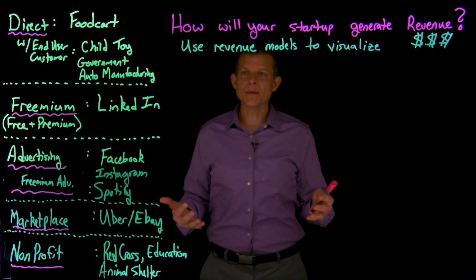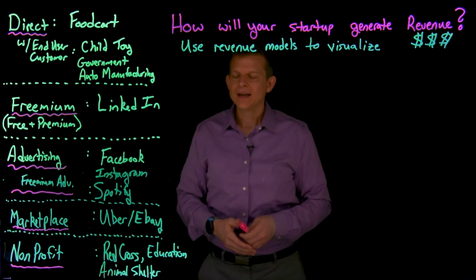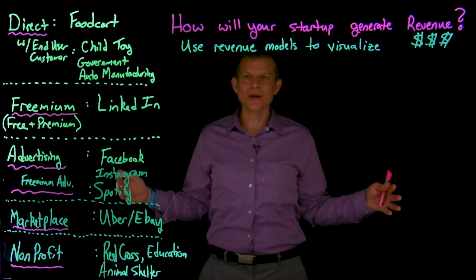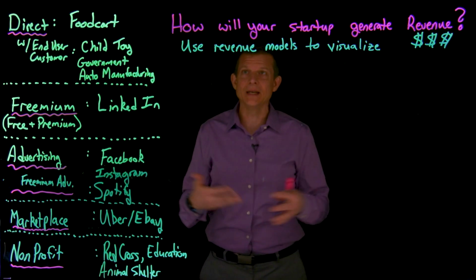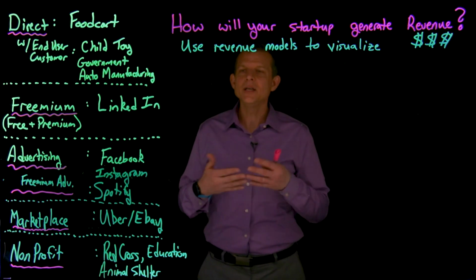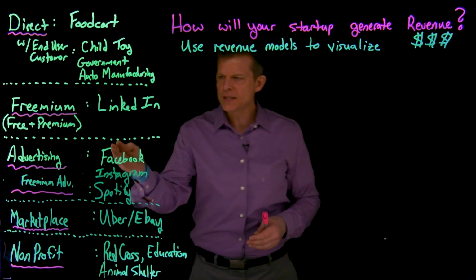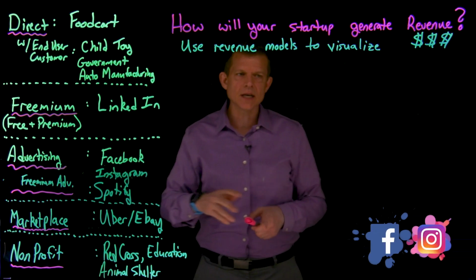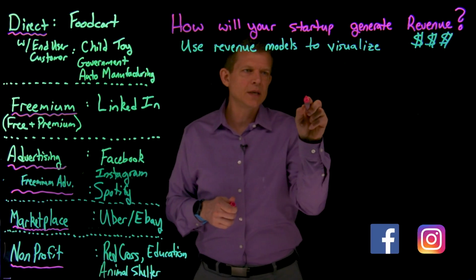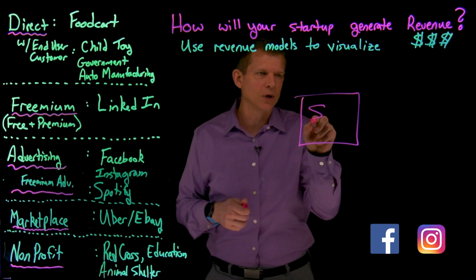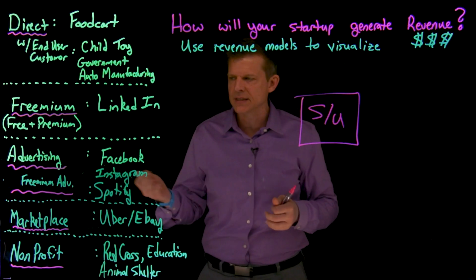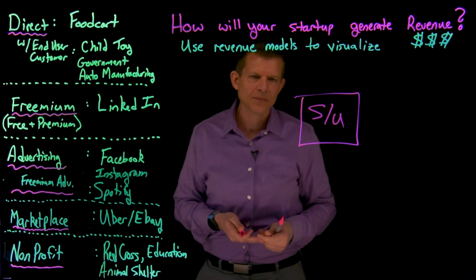Okay, so the next business model we're going to do is advertising. And we are probably really familiar with the advertising business models. If anybody uses social media, you've experienced the advertising revenue model. Facebook, Instagram. Let's talk about those first. So here is the startup, your particular organization, but in this instance, let's say that's Facebook.